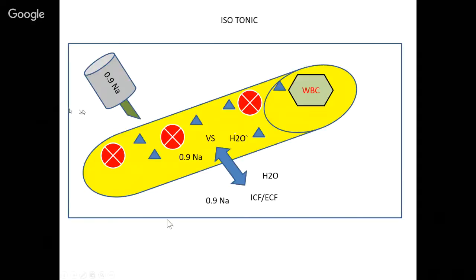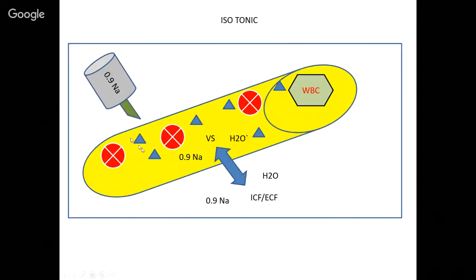Up here in the corner, you'll see a 0.9 sodium syringe. I've just drawn this, and it kind of looks like a syringe, but it's full of 0.9 normal saline, or 0.9 sodium in water. So there are two components here: we're adding sodium at the 0.9 concentration, and an amount of water that the sodium is suspended in.